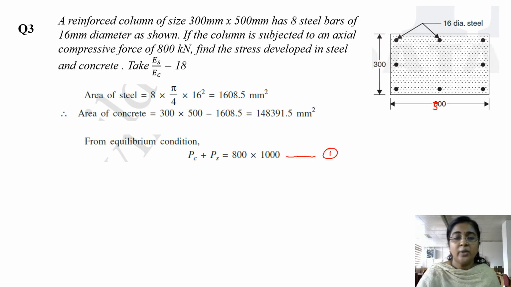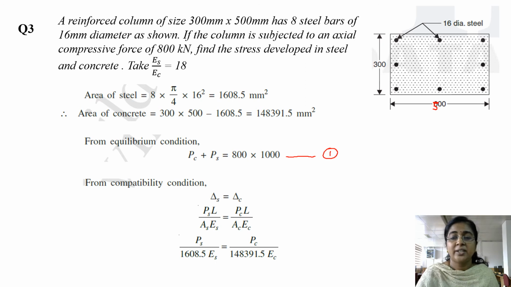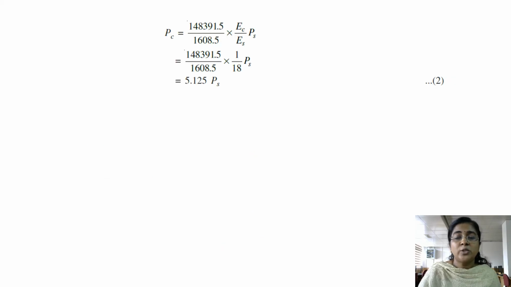And second equation from the compatibility condition, that is change in length of steel is equal to change in length of concrete. Here the ratio between modulus of elasticity of steel and concrete are given. We can substitute for ES by EC as 18. That will give the relation between PC and PS. That is load taken by concrete.